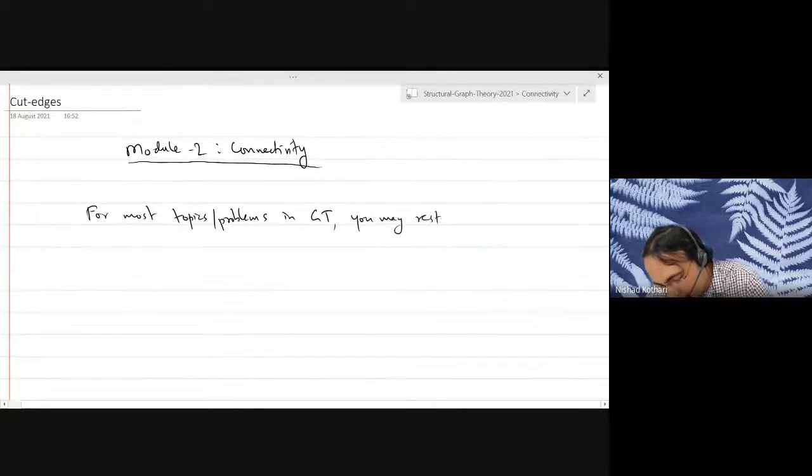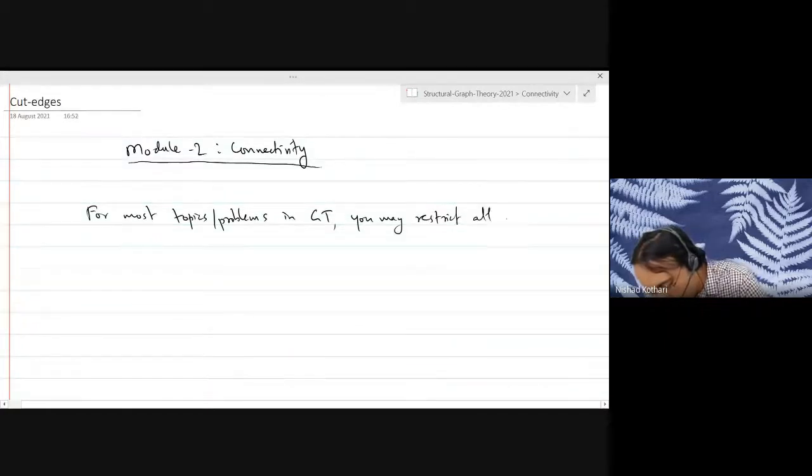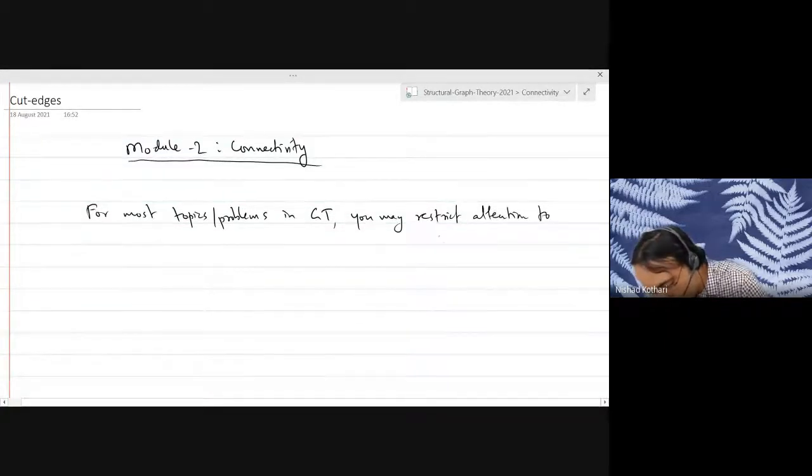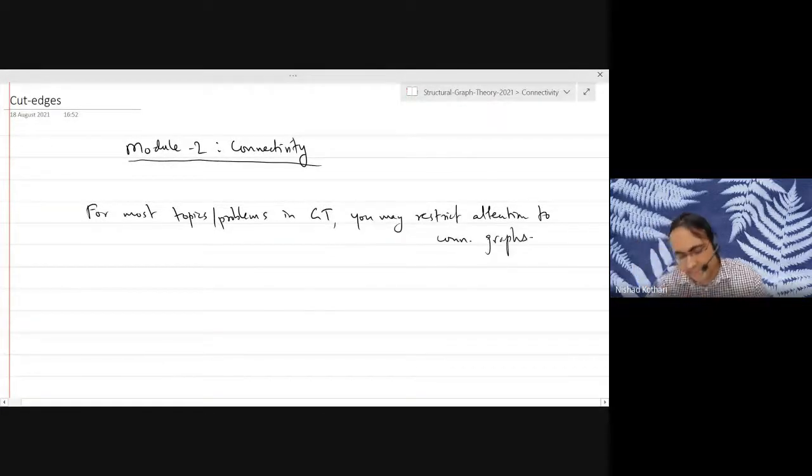So what does that mean? It means that if you solve your problem for connected graphs, you often end up solving the problem for all graphs in the world, right? You may restrict attention to connected graphs. A graph is connected if there is a walk or a path, whichever you like, between any two vertices, right?